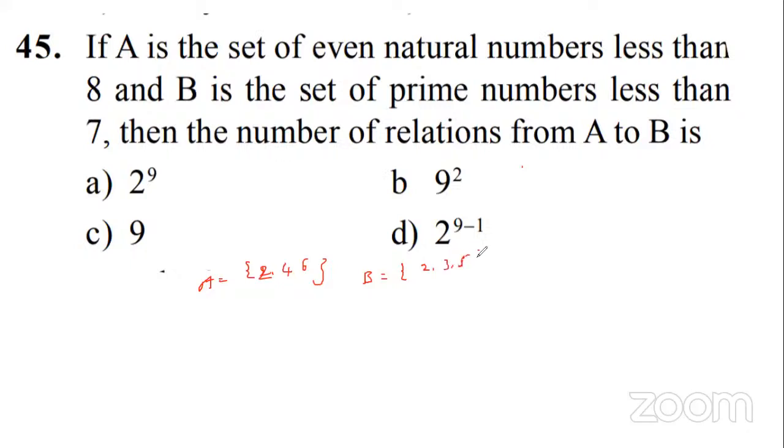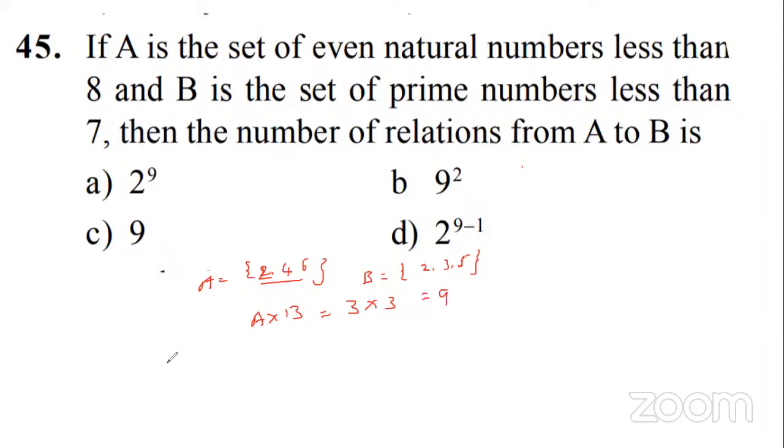And still many students will write prime number as 1. 1 is not a prime number, okay? Then next, the number of relations from A to B, in the sense of A × B. How many members are there in A? 3, and members of B are 3. So it is 9 elements.